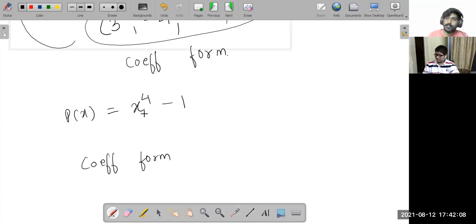What is the meaning of coefficient? Unmute and say. Like 4x4, and 4 is the coefficient. Yes, the number with the variable is the coefficient. So what is the number with x raised to 4?